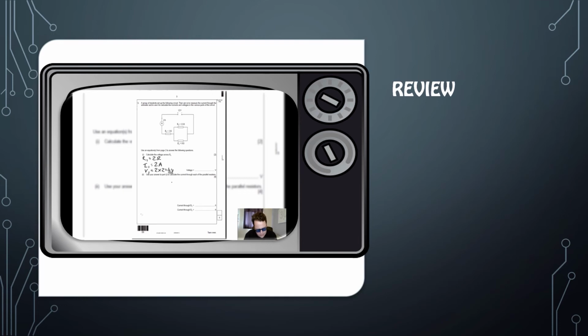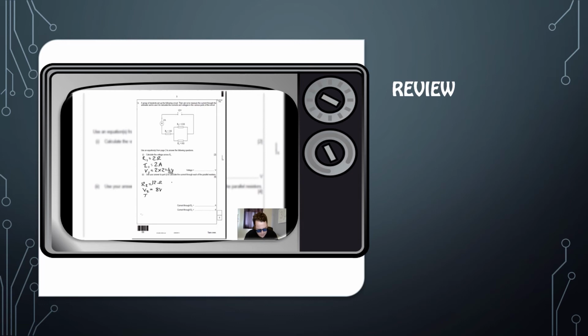So we know that R2 is 12 ohms. We know that V2, well, V2 here, if we've used up 4 volts on R1, that leaves us 8 of the 12 left. So it's going to be 8 volts.